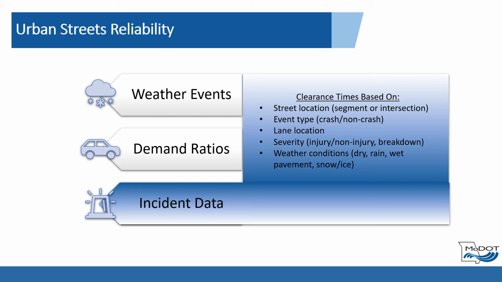A table of default clearance times is based on the street location, event type, lane location, and severity for various weather conditions. Another table provides a default distribution for all of the combinations included in the clearance time table and proportions for each category individually.